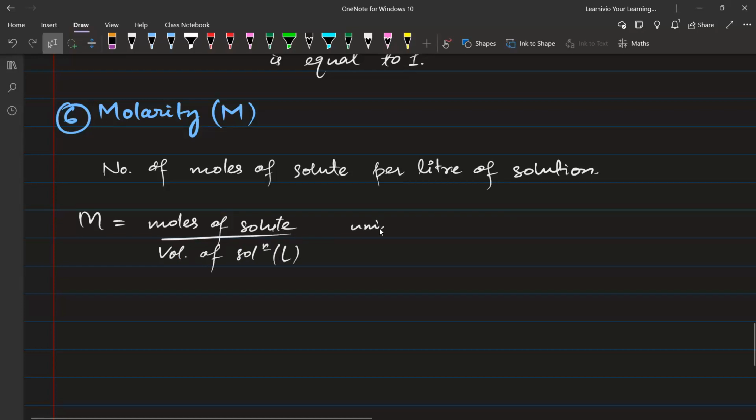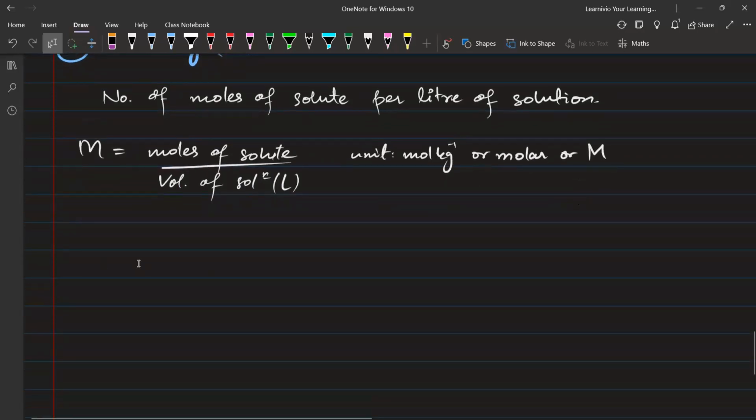So we can say that the unit will be moles per liter, or you can say molar, or you can say capital M. Similarly, the number of moles of solute divided by the volume of solution in liters.